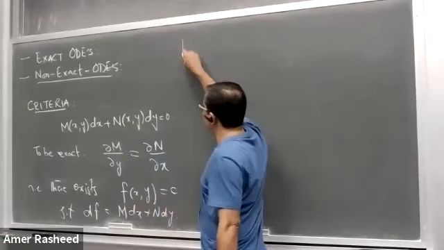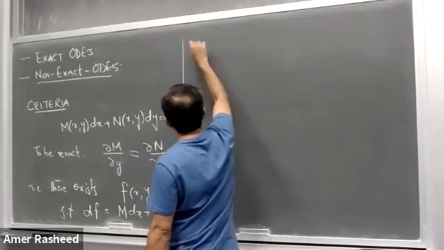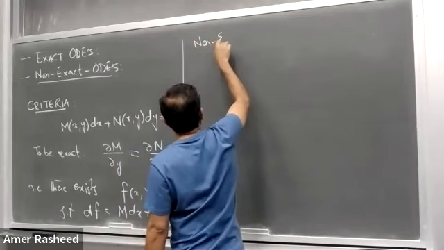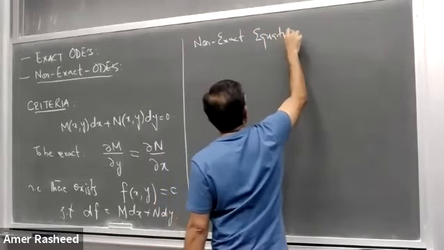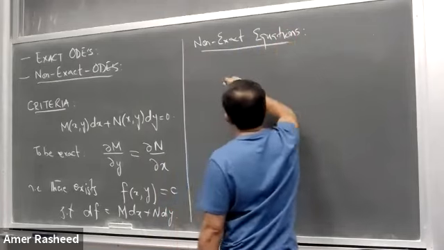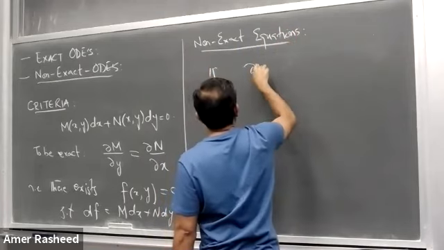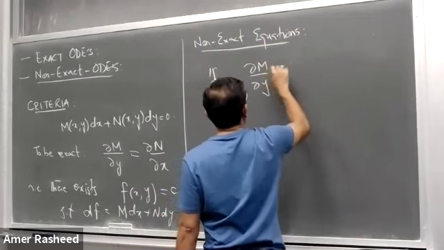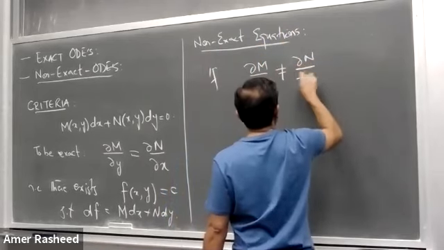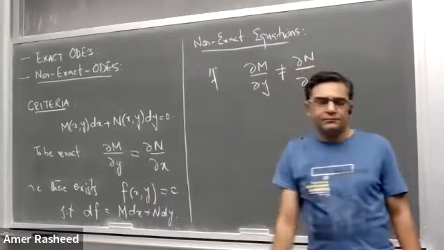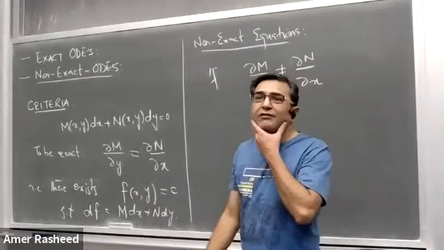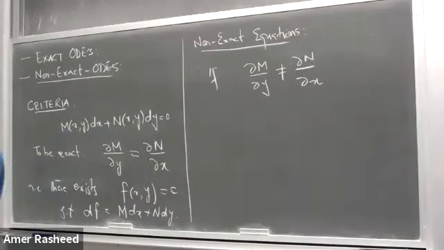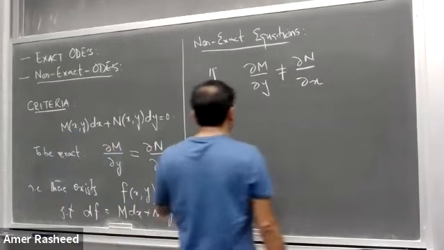Now, what if the equation is non-exact? In this case, obviously, if partial M over partial y is not equal to partial N over partial x, then how can we convert the original differential equation into an exact differential equation?